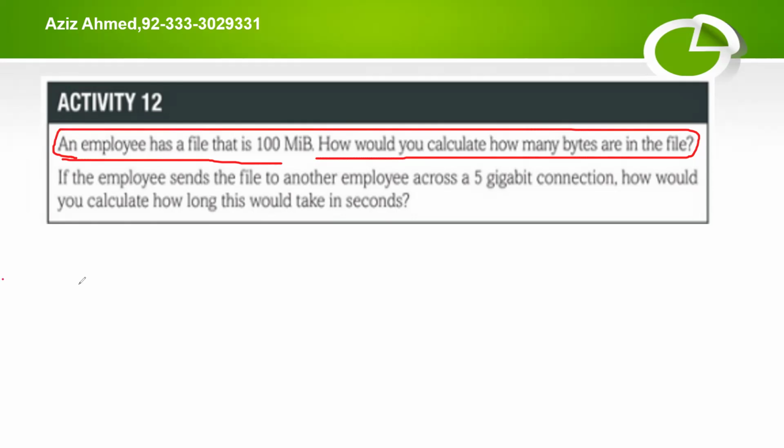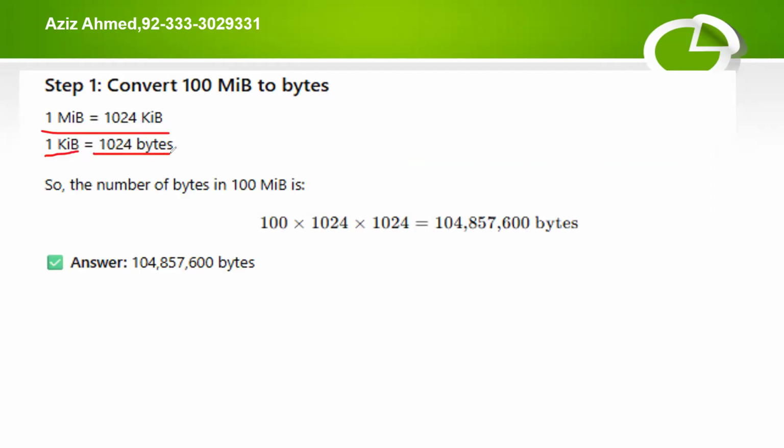So 1 megabyte means 1024 kilobytes, okay? And 1 kilobyte is equal to 1024 bytes. So we need 100 megabytes. 100 will be multiplied by 1024, then 1024, and you will get this one.